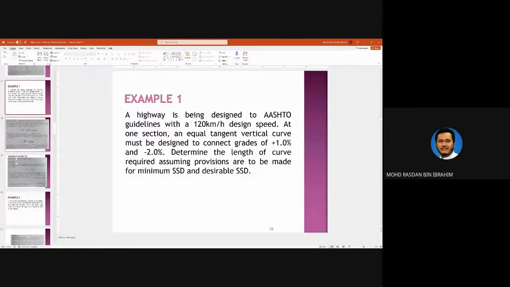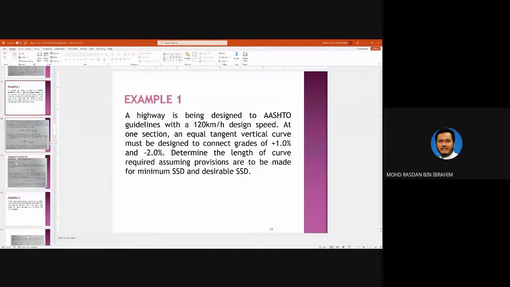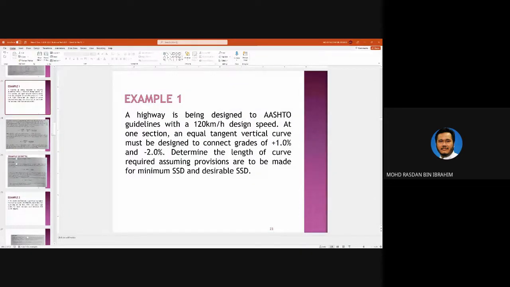Example 1. A highway is being designed to H2 guidelines with 120 kilometers per hour design speed. In one section, an equal tangent vertical curve must be designed to connect the grades of 1% and negative 2%. Determine the L of the curve required, assuming provisions are to be made for minimum SSD and desirable SSD, meaning that we have got to calculate twice.